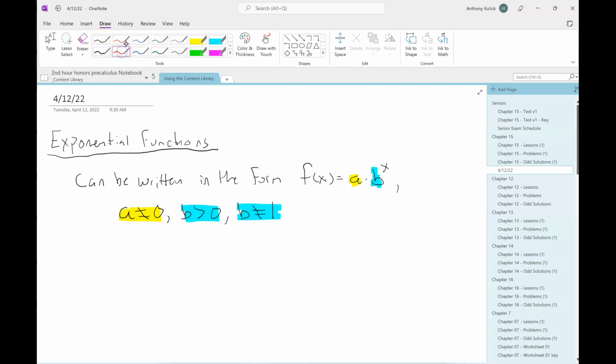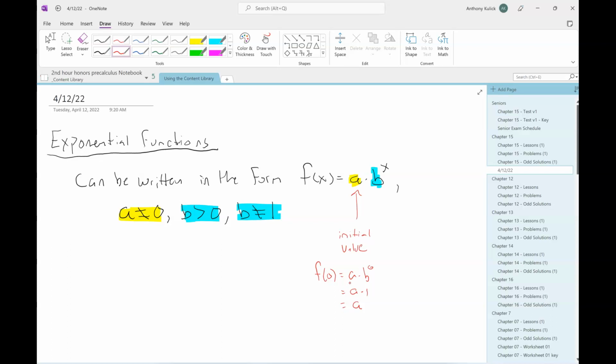So a little piece of vocab here. The a is often referred to as the initial value. The reason we say that is because f of 0 is just equal to a. And why do we know that? Because b to the 0 is 1, because we know anything other than 0 to the 0 power is 1.